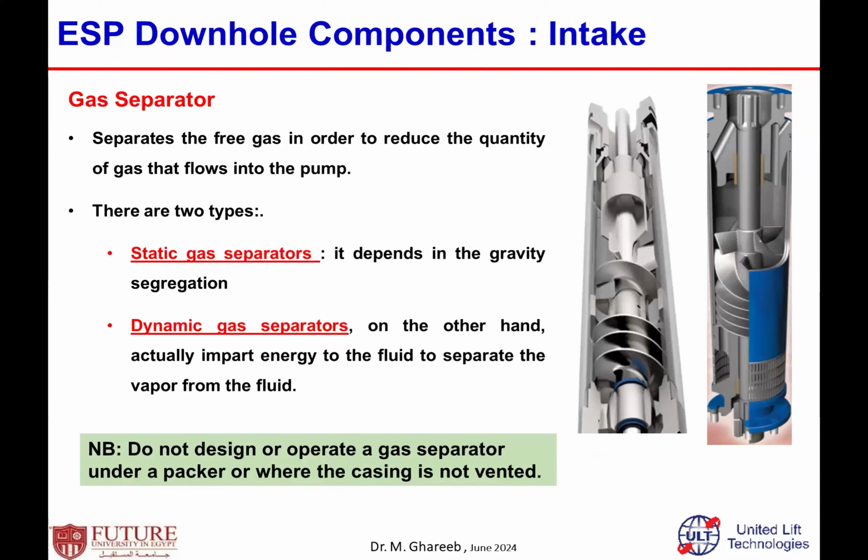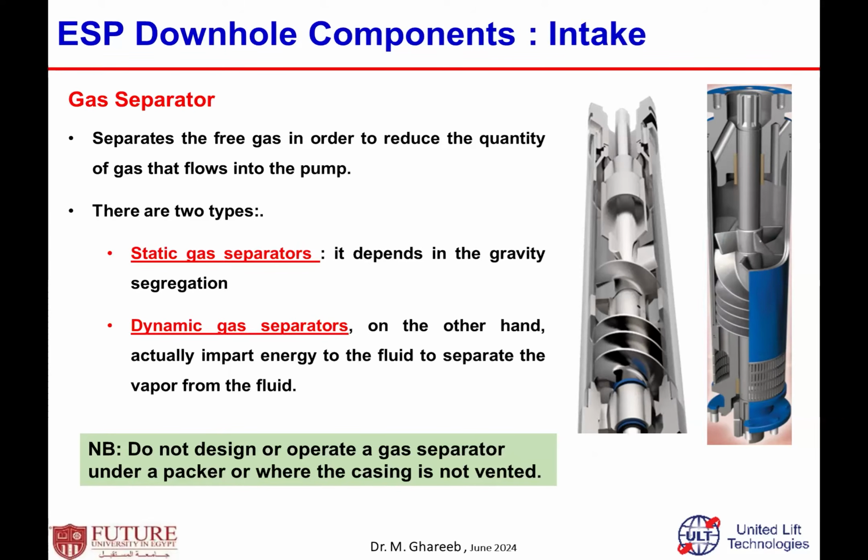Then how does the intake look, if it is a downhole gas separator, from inside? Since the pump is rotating and the motor supplies rotation, why not use this as an advantage, and rotate the fluids before they enter the pump?